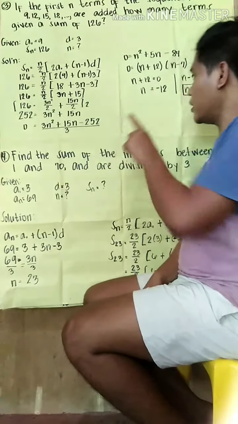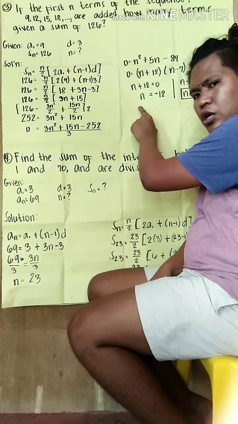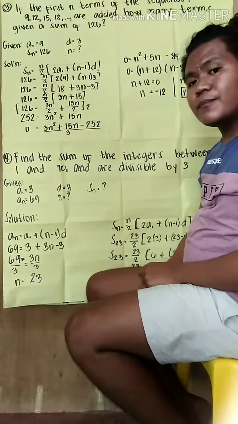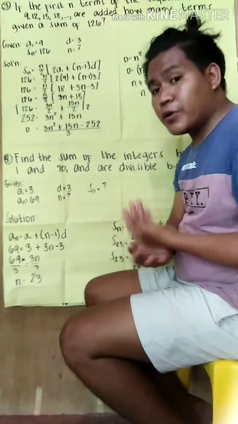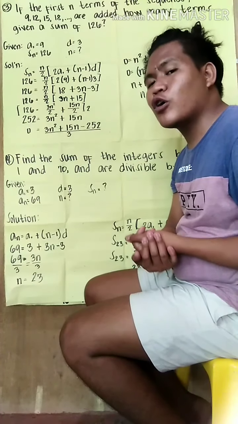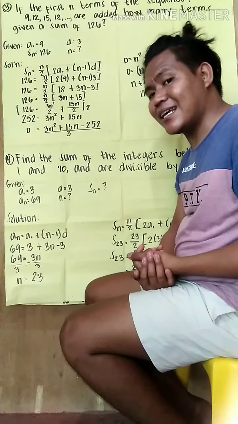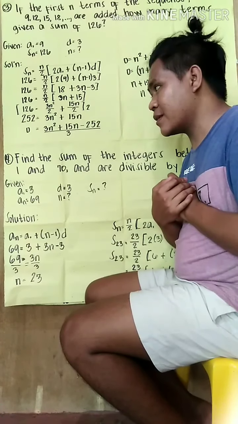Therefore, n equal to negative 12 is not our answer. So the number of terms we have is positive 7, since our number of terms can only be positive. So therefore, our answer again is 7. Our n is equal to 7.